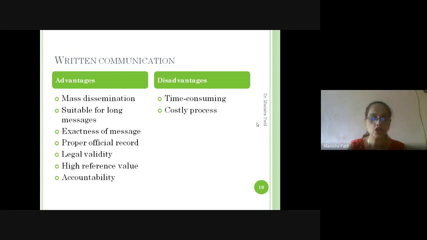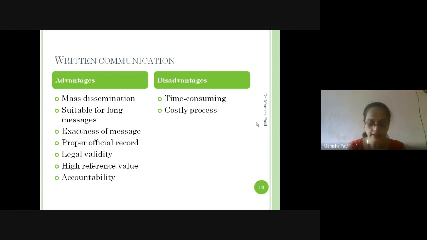Then it is costly process. For writing down, you require paper, pencil, pen, etc. Then you have to keep it for future. So you require the storage facility.